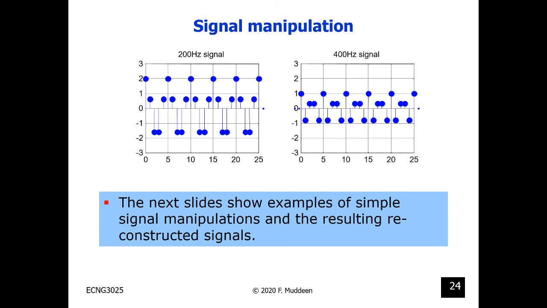So we're observing here the 200 Hz signal and the 400 Hz signal, which both sample at 1000 Hz. And we want to see what happens if we reconstruct these signals using signal manipulation.